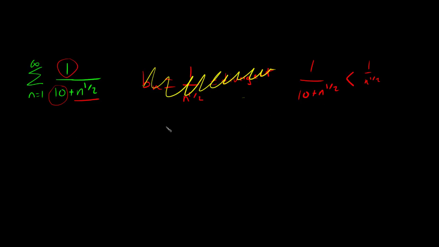So what we can do is just pick 1 over n because this diverges. And it's less than 1 over 10 plus n to the 1/2. This is greater than this.